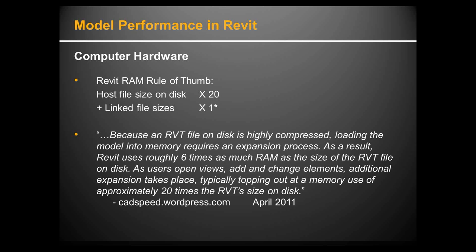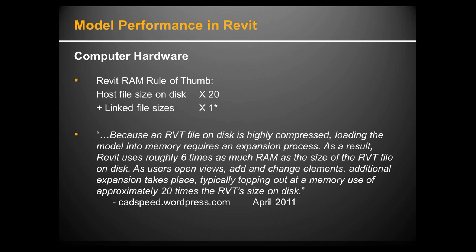So the host file, the file that you're working in live, look at the size on disk, and remember it is a compressed file, so just opening it up, it expands about 6 times. And then when you're working in it, expand a rule of thumb about 20 times. Might be more, might be less. Every project, every person, every file is going to be different. So whatever size you're working at, if you're working in a 300 meg file, take that times 20.